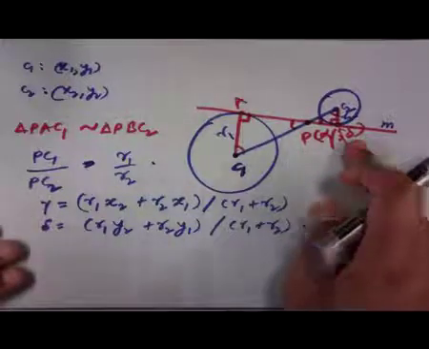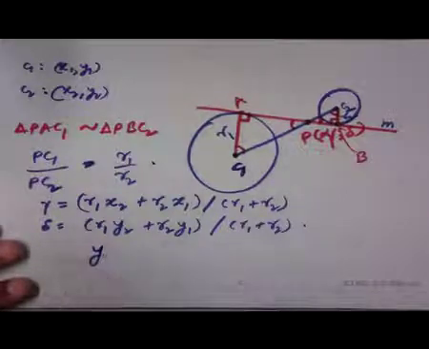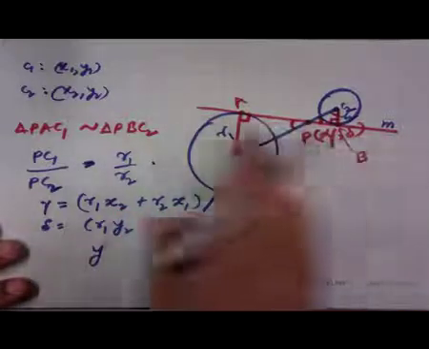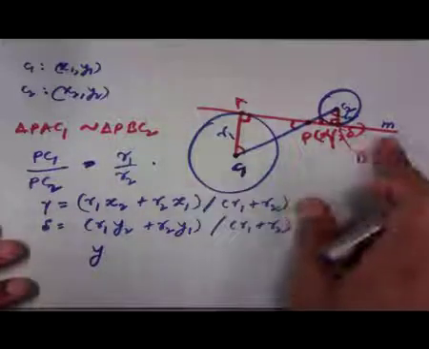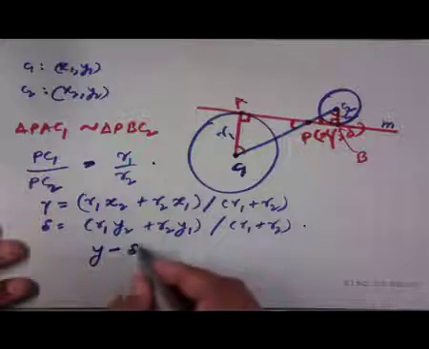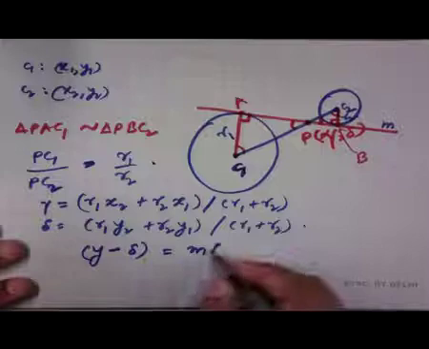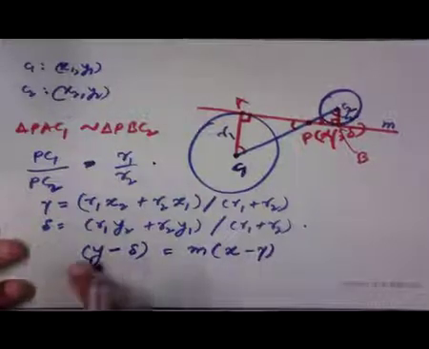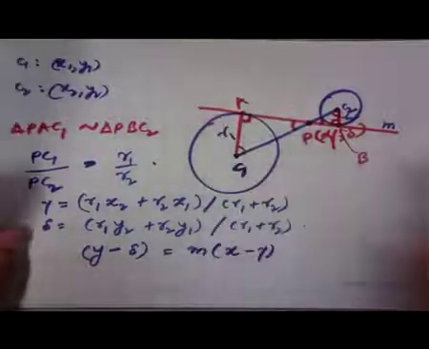Therefore, for any point x comma y on this transverse common tangent, the coordinates x and y have to satisfy this equation, which is y minus delta is equal to m times (x minus gamma). So, this is the straight line equation for this transverse common tangent.